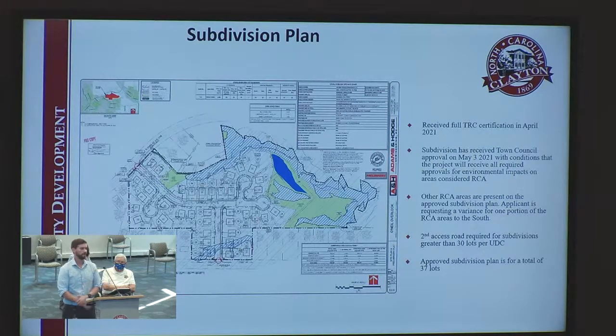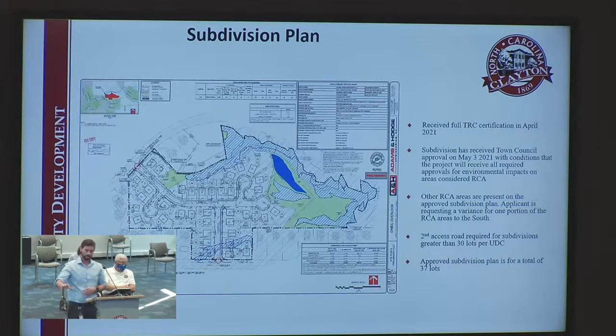It's in our UDC to prohibit building in environmentally sensitive areas such as steep slopes, stream buffers, floodplains. Those are the main ones. Joshua Baird will also come up following my presentation to go into more detail on the RCA and the requirements in the code as well.